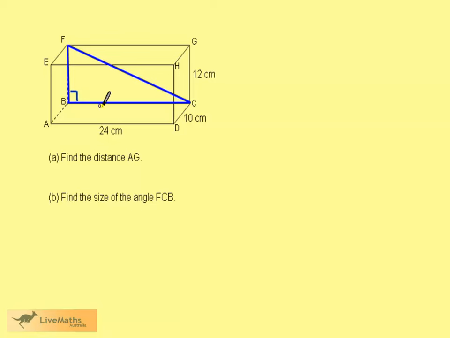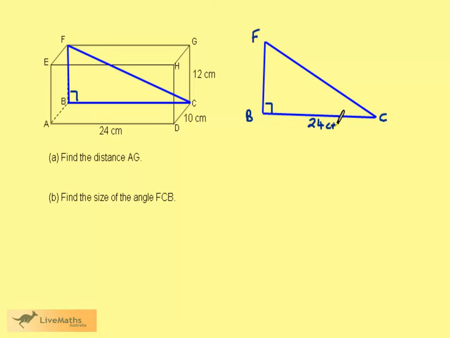Just look at the wall of your room. Clearly FBC is a right angle. Let's follow through with our policy of always drawing out separately triangles we want to work with. We know the right angle is just here. This is F, C and B.